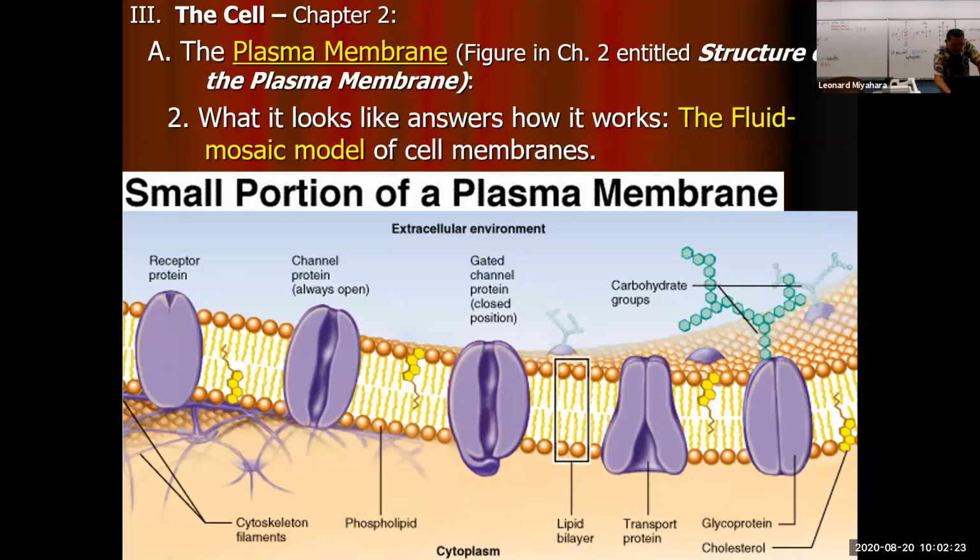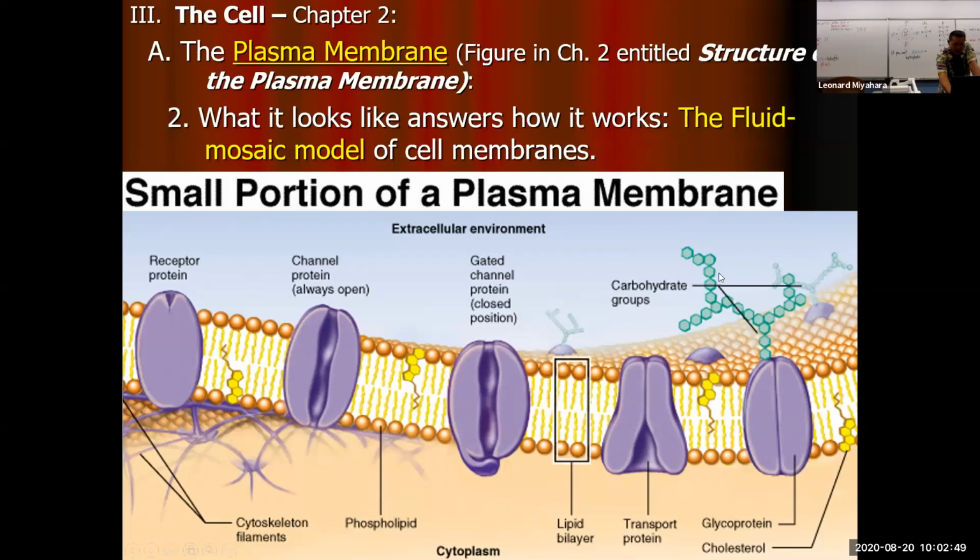4, cytoskeleton filaments. They attach to some of these boulders, they attach to structures inside the cell, and voila, a cell membrane doesn't have the consistency of salad dressing. Otherwise, you'd be sitting in your chair at home, a dripping pile of goo. But that's not what you are because of cytoskeleton filaments. That's 4.